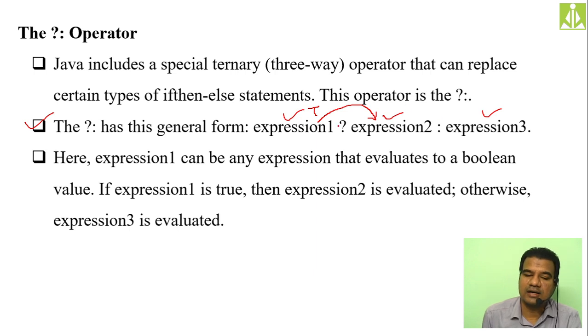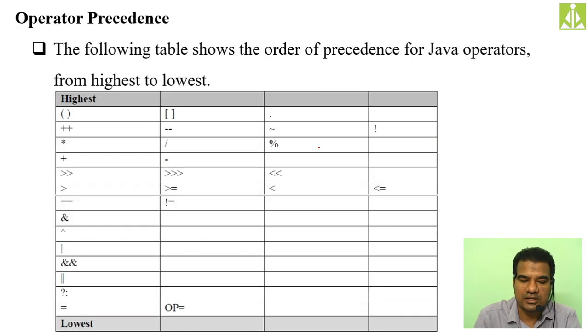It is something like an if else statement. If this condition is true, then this will be evaluated, or if this condition is false, then it will go to the third expression. In that way it will operate itself.